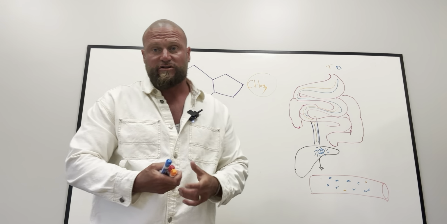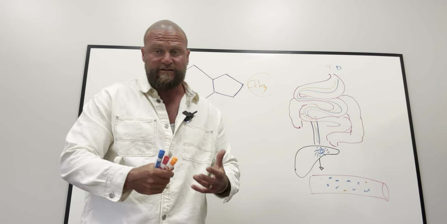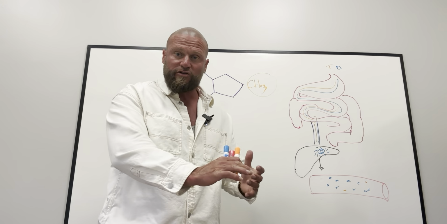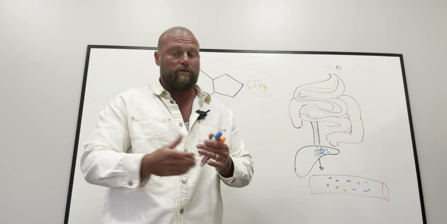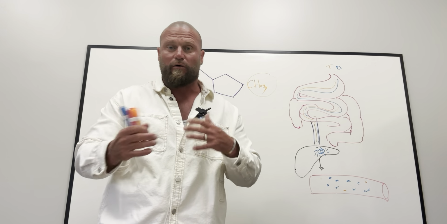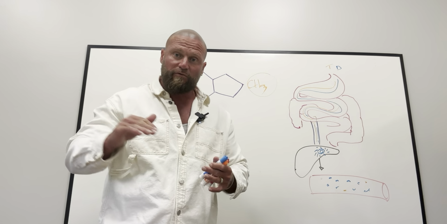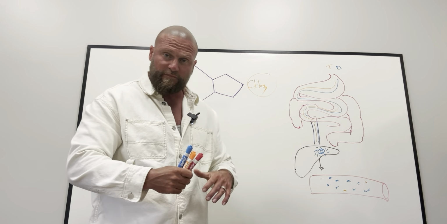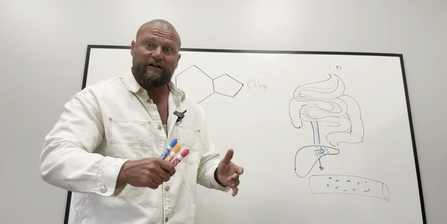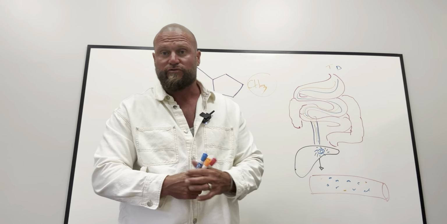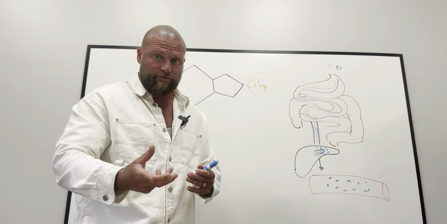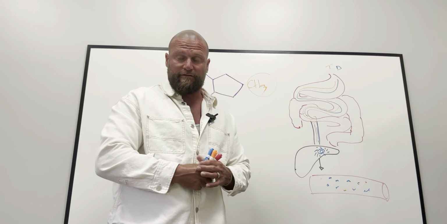Even endogenous testosterone that we produce in the testes will go to the bloodstream and will bind to androgen receptors in our organs and muscle and do its functions. However, it will eventually go to the liver and be metabolized by the liver. That's why we have to constantly produce hormones such as testosterone, because they are metabolized in the liver.